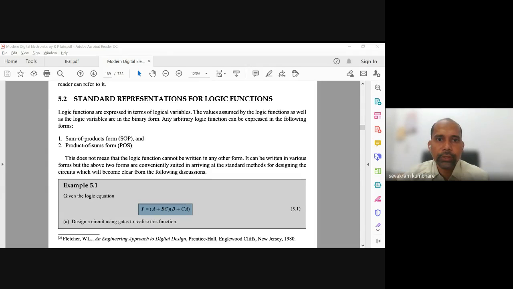Now, let me show you with the example. Here, sum of product means I need to take first product like A, then B, then it can be C bar, any product you can take. So you will have products like this, suppose A bar, B, and then again let us say B, C bar.